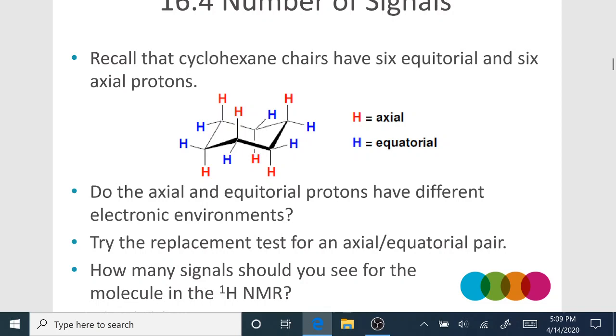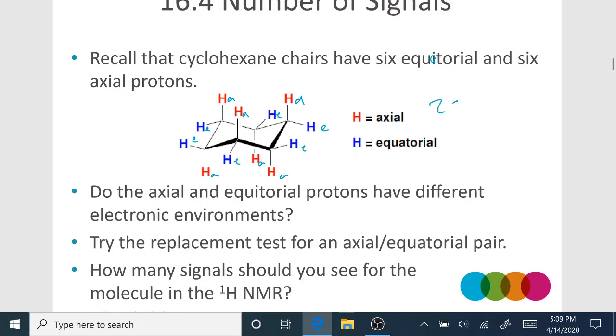All right, and so here's an interesting case. Cyclohexane chairs have 6 equatorial and 6 axial protons. If you could hold them at a very low temperature where they would stay in that chair conformation, you could in fact get 2 signals. All of the axial protons are equivalent to all the other axial protons, and the equatorial protons are all equivalent to each other.